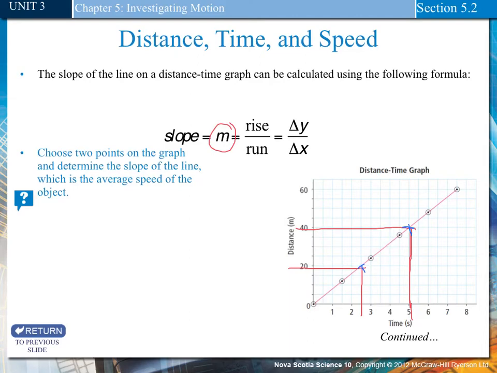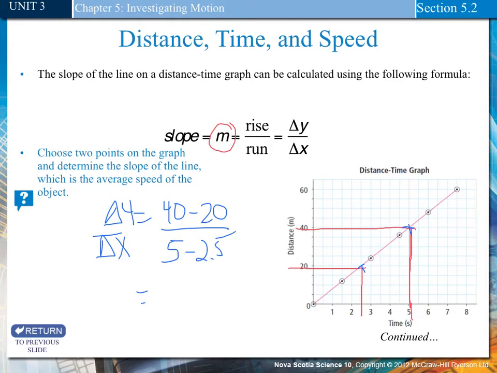So I'm first looking at my change in y. So my change in y equals 40 minus 20. And my change in x equals 5 minus 2.5.